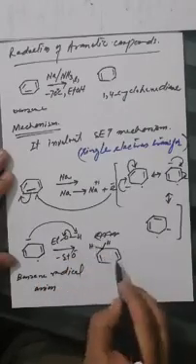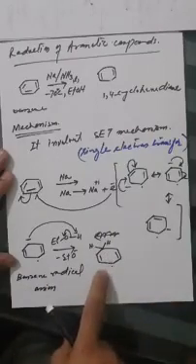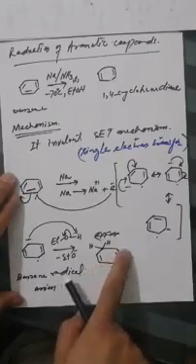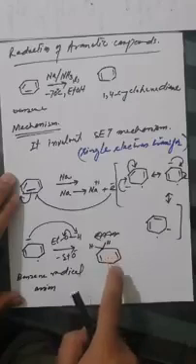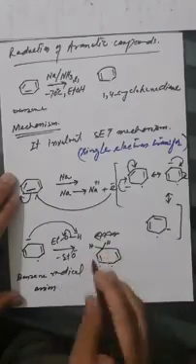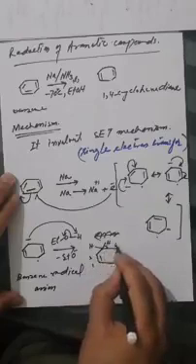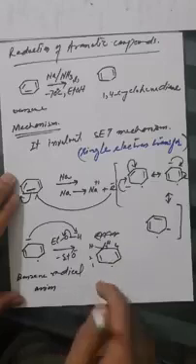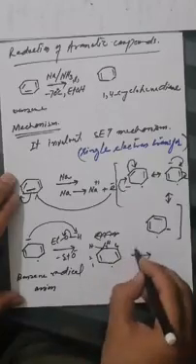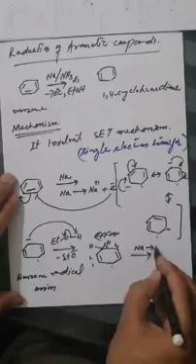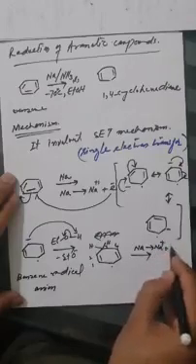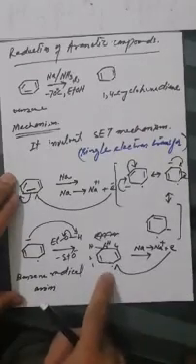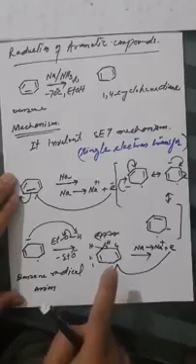now what is the name of this species? This is 1,4-cyclohexadiene radical. 1, 2, 3, 4, 1,4-cyclohexadiene radical. Then again another electron attacks here and this radical is converted into fully negative charge.